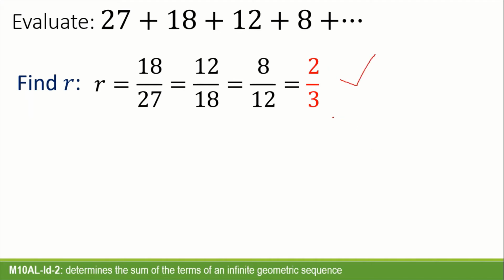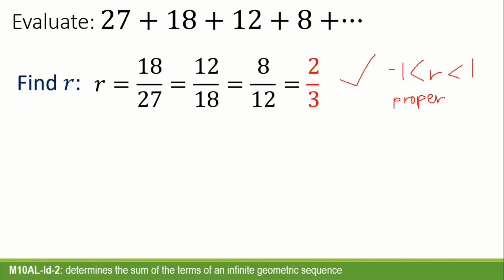So, paano ba natin malalaman kung yung ratio na fraction ay pasok doon sa ating condition kanina na it should be greater than -1 but less than 1? Okay? Kapag ang fraction ay a proper fraction. Okay, ano yung proper fraction? Ang proper fraction, siya yung fraction wherein the numerator is less than the denominator.